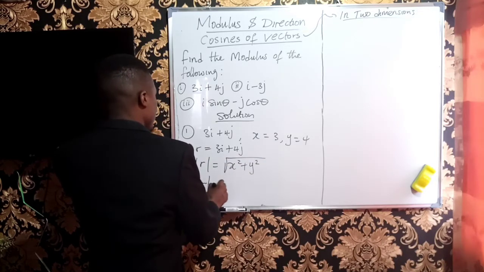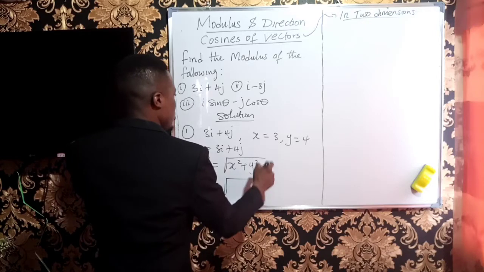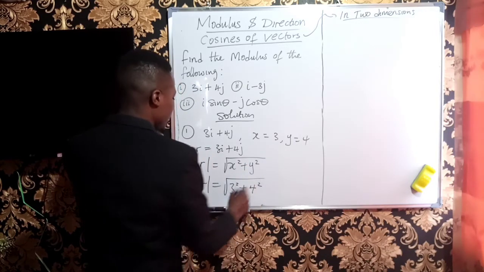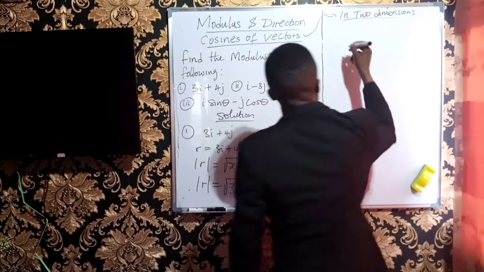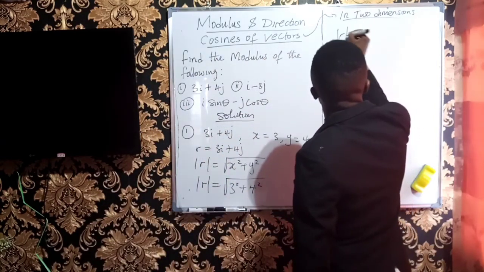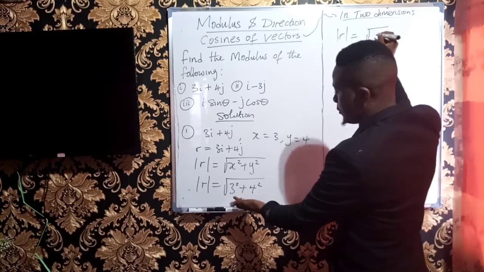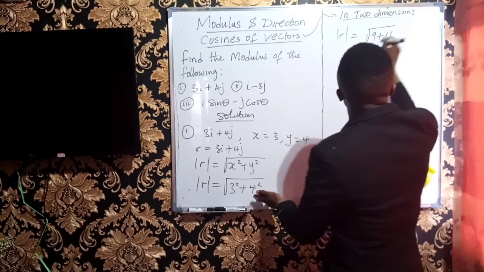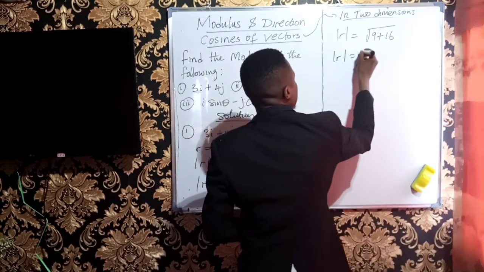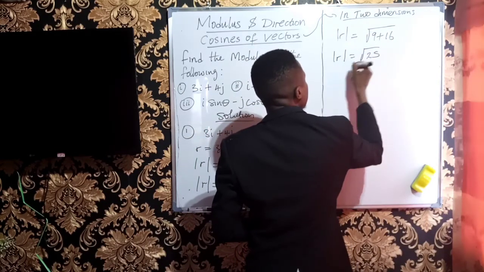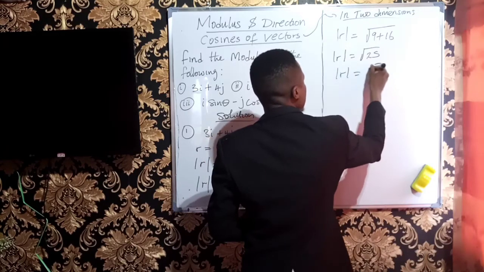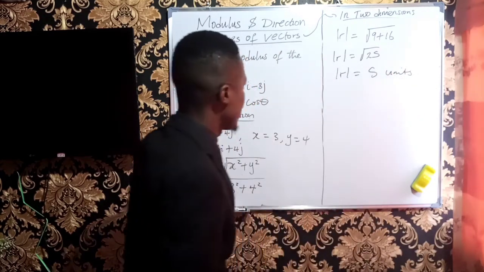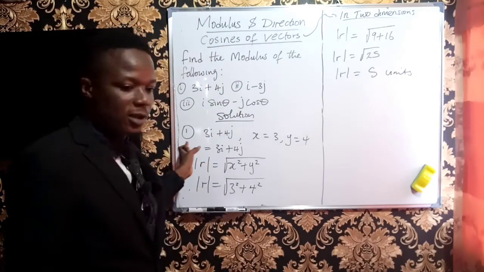Hence, modulus of r is equivalent to the square root of 3 squared plus 4 squared, which is square root of 9 plus 16. So modulus of r will give me square root of 25, and square root of 25 is just 5 units. So the modulus or magnitude of this vector is just 5 units.